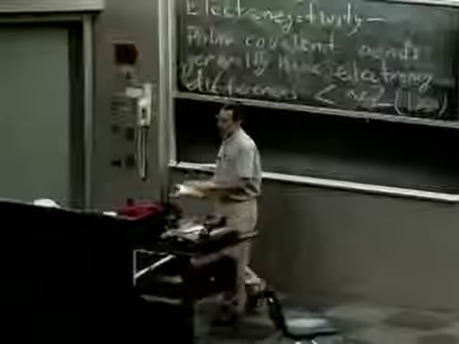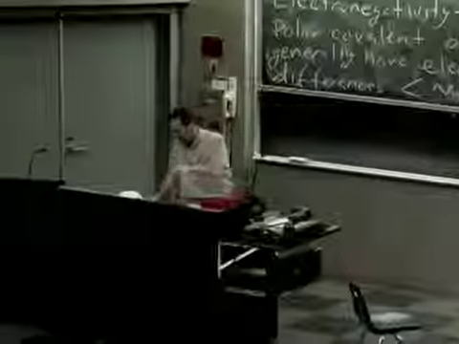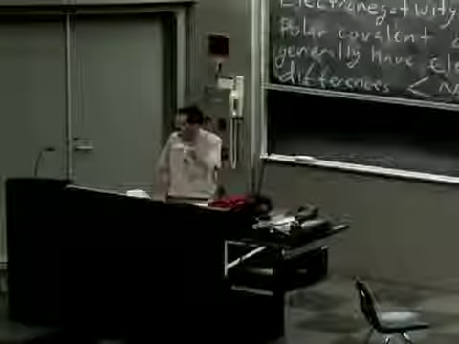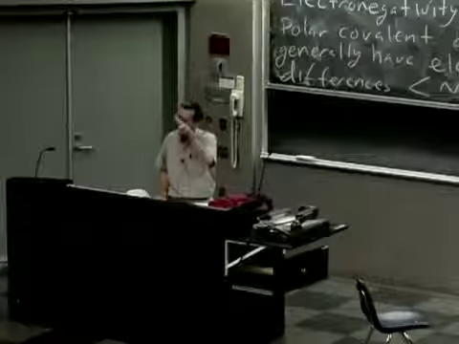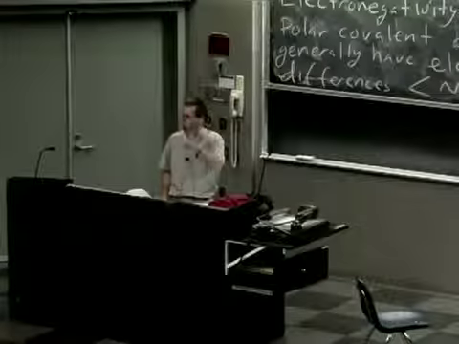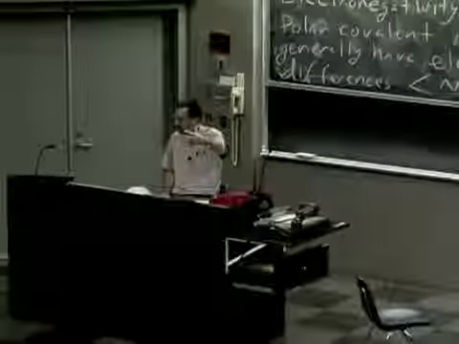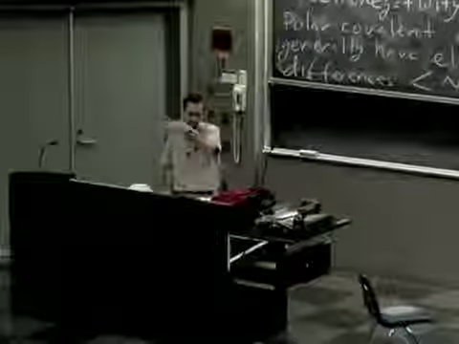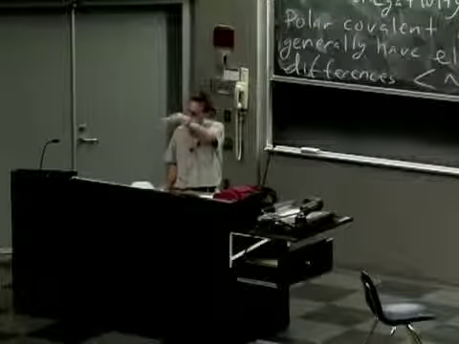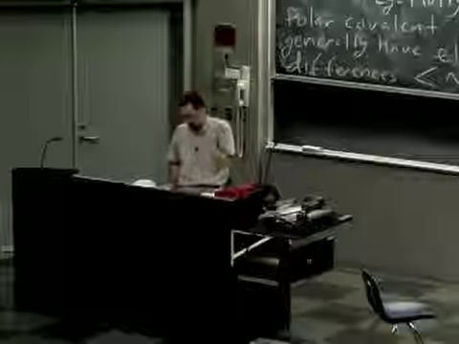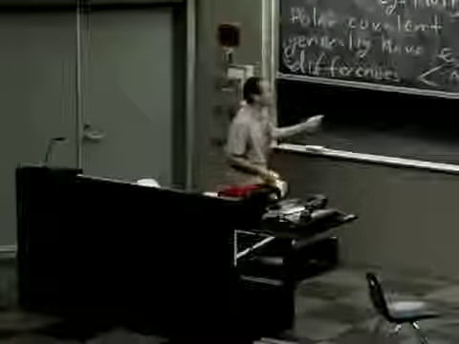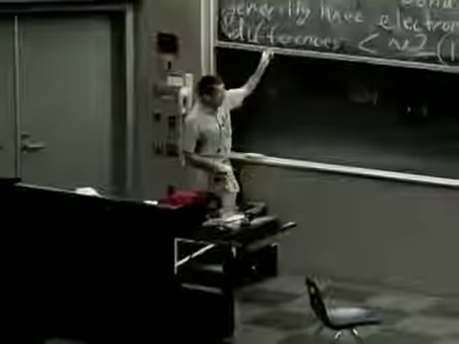Electronegativity is actually kind of a crude measure of how much atoms want electrons, because it depends a little on context. We say that the electronegativity of carbon is 2.5, but depending on the hybridization, whether it's sp3 or sp2 or sp, there are actually some differences. That's why I'm being a little vague here.